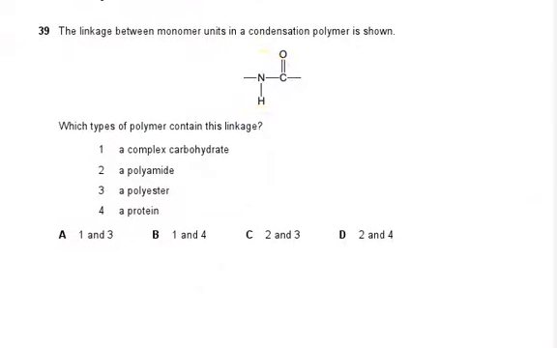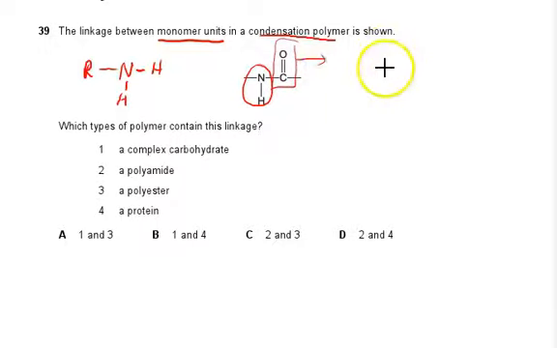Okay, now look at number 39. The linkage between monomer units in the condensation polymer. So this one should be from an amide group. Amide, they have nitrogen and hydrogen, and this one should be from an acid group. We call this an amide linkage. Which type of polymer contains this linkage?